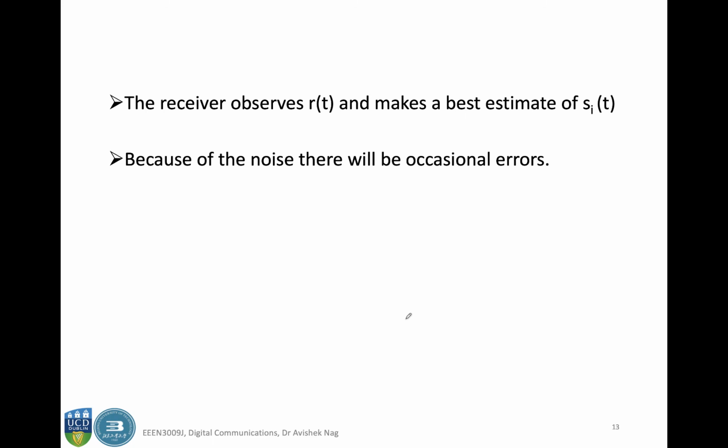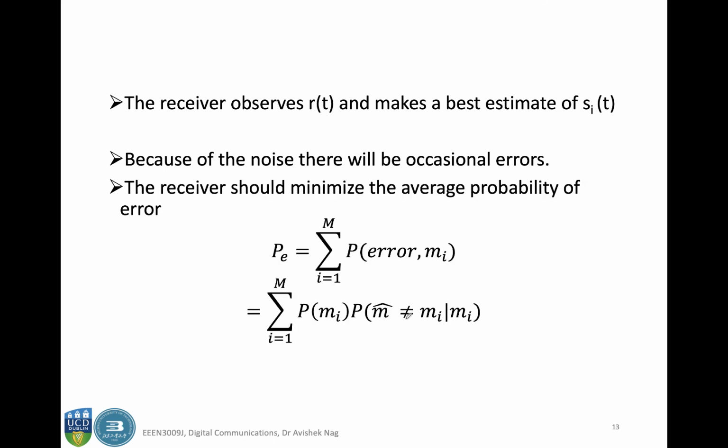And because of the noise, there will be occasional errors while you are trying to do the best estimate. So s_i(t) has already been added to w(t), so there has been some noise, and if that noise has a very high negative value, then you might end up making a mistake in estimating s_i(t). So that mistake is counted as errors.